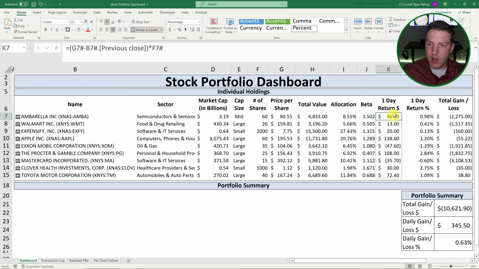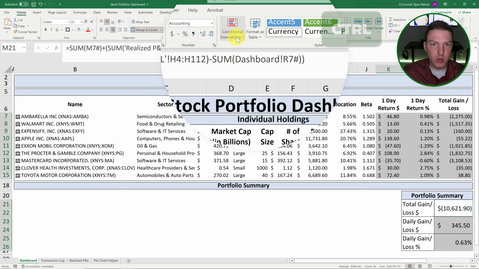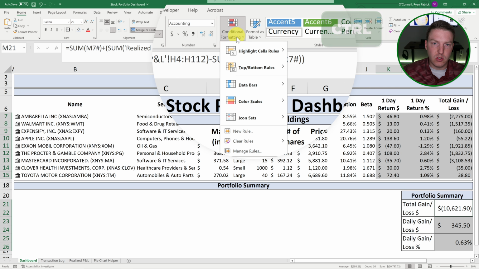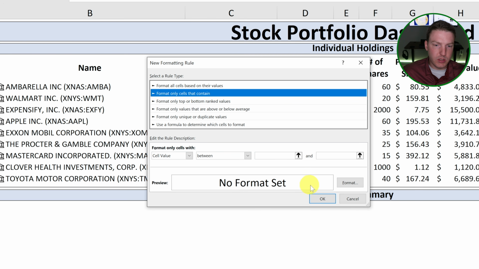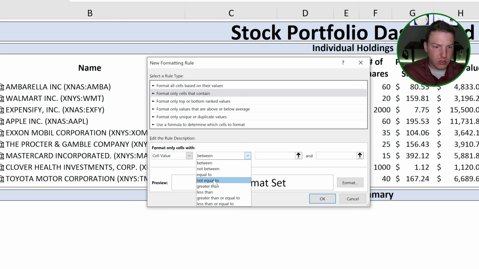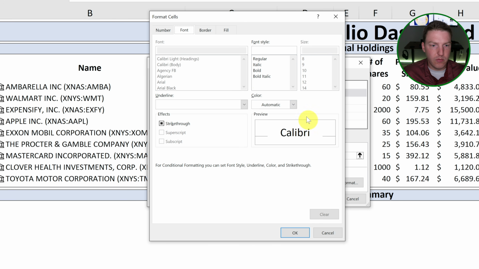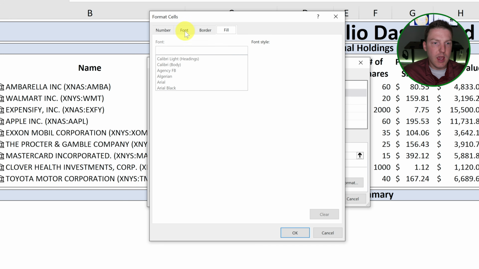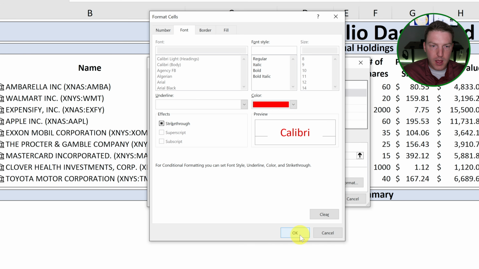Now I want to add just two conditional formatting rules. I want to see my gains as green and my losses as red. So I'm going to highlight both those areas holding control on my keyboard, then go up to conditional formatting, add new rule, format only cells that contain, hit format. Actually, let's first do less than 0. So if it's less than 0, we're going to format it as a red color there and hit OK.